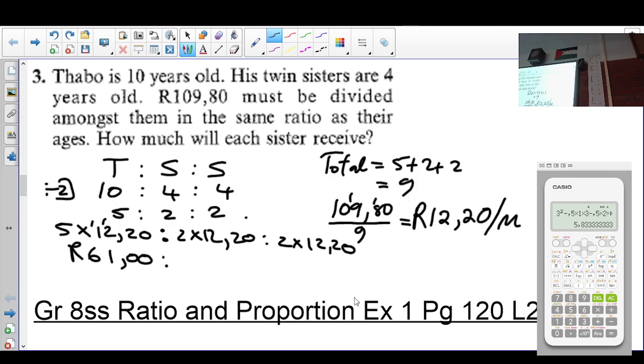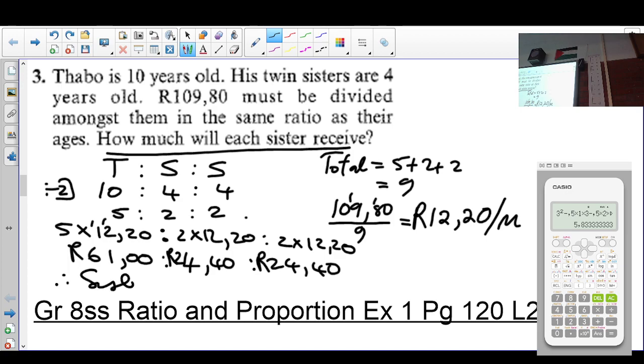So Thabo gets 61 rand. 2 times 12 rand 20 is 24 rand 40, and that's also 24 rand 40. The question says, how much does each sister receive? Therefore, each sister will get 24 rand and 40 cents.